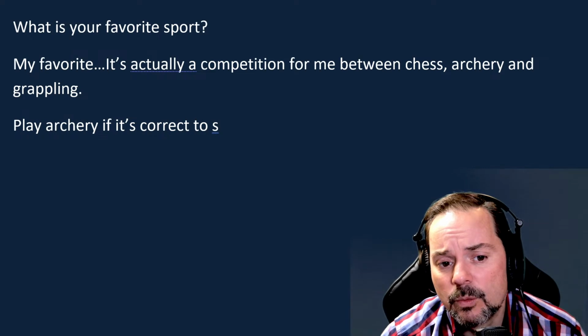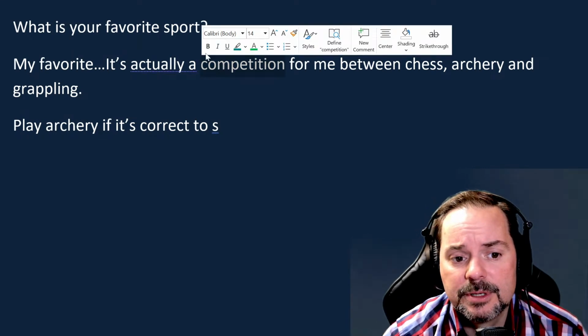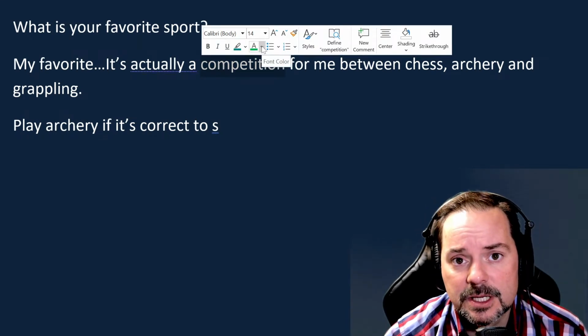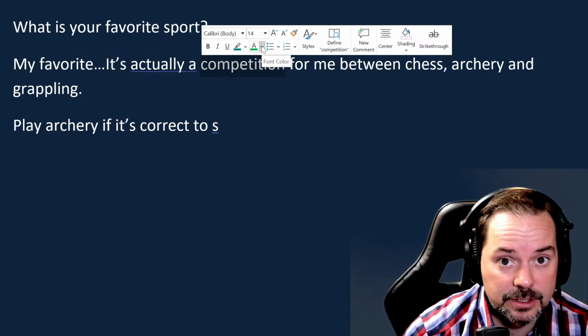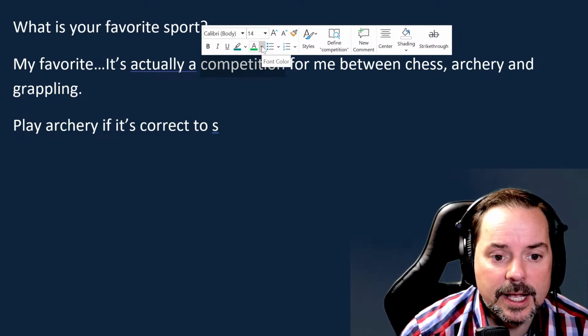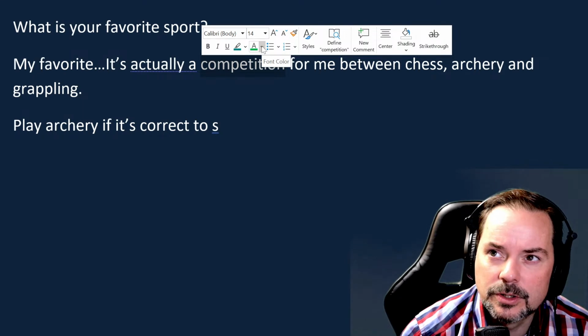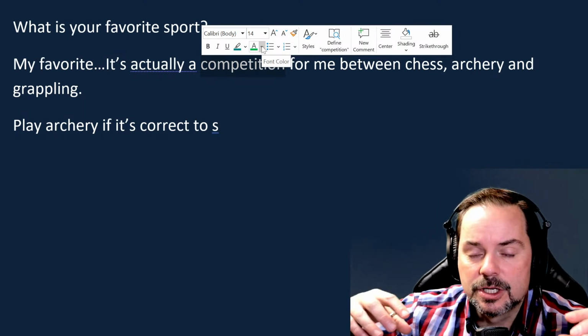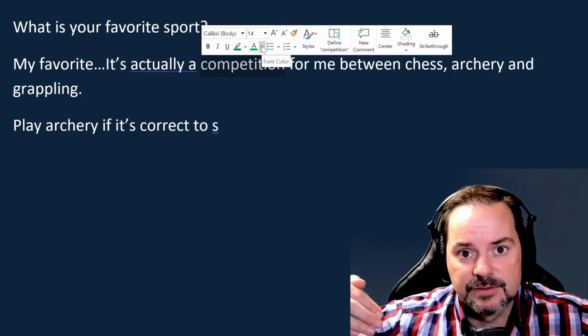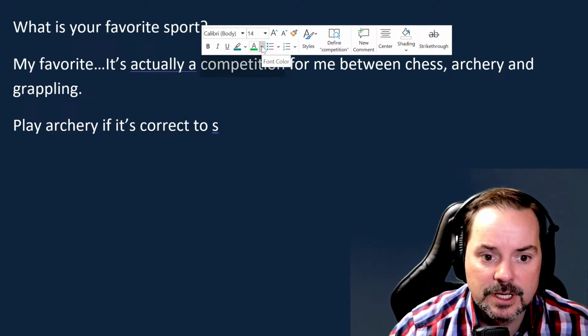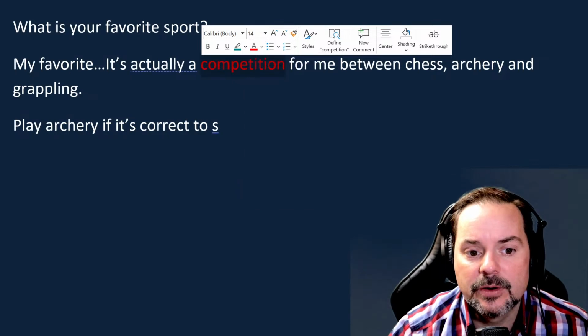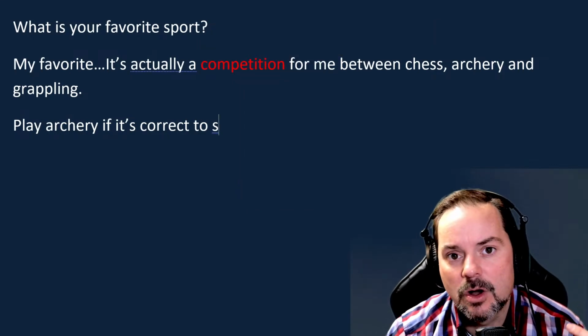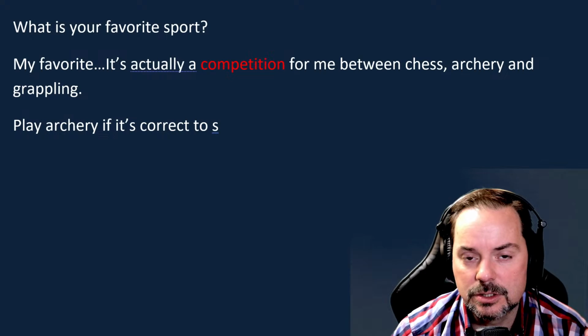Now, when we're talking about sports, using the word competition like this is quite confusing because sports are competition. So it kind of confused me that you're going to talk about some kind of a competition, but then I realized, oh, you're talking about a competition among the types of sports that you consider your favorite. So not having a clear answer there immediately created awkward language and communication. Do you see that, Ivan?